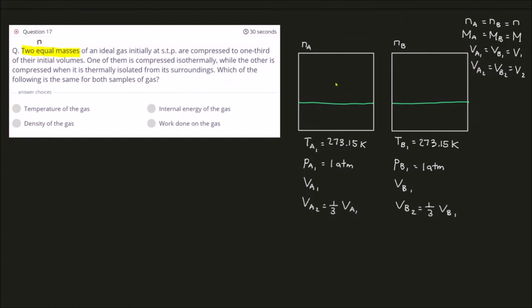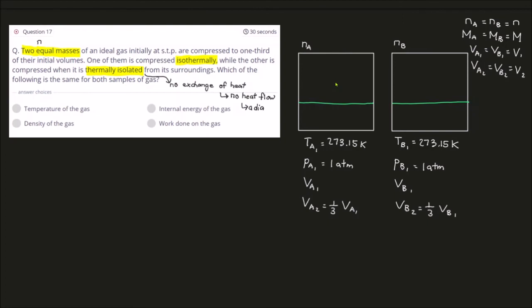So now the last thing, one of them is compressed isothermally, while the other is compressed while it's being thermally isolated. Thermally isolated means there's no exchange of heat. When there's no heat exchange, there's no heat flow, and we know that it's an adiabatic process.